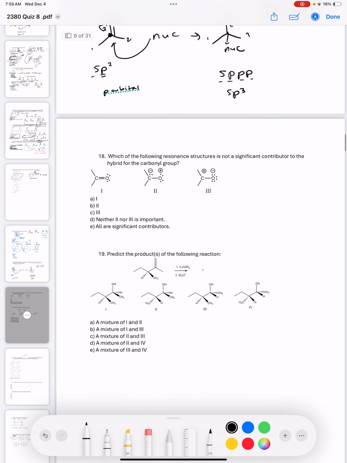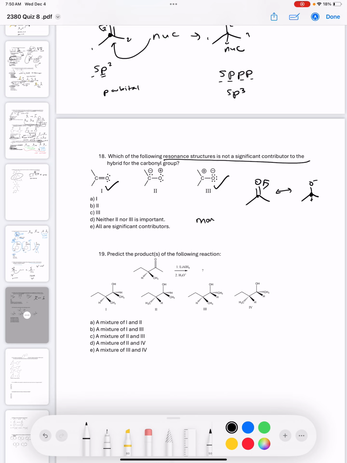Okay, 18. Which of the following resonance structures is not a significant contributor to the hybrid for the carbonyl group? So carbonyl groups look like this, and we've drawn this resonance structure a lot, where we get the O- here and the plus here. There's a strong partial positive there. So that's a regular carbonyl group, and then this carbonyl group. Now, the thing that we haven't talked about a ton this semester, but you should have talked about last semester, is resonance structures that are not significant contributors.